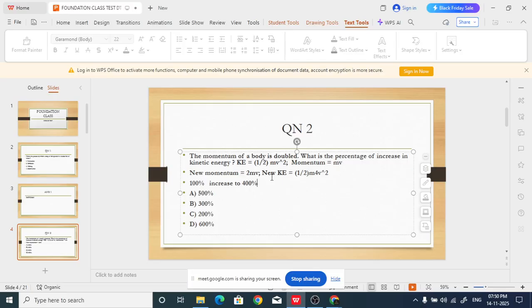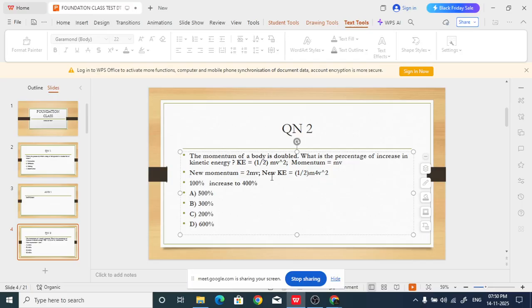Okay. What is the percentage increase? Percentage is always the increase divided by the original value into 100. So the original value is 5. 5 divided by 5 into 100 is equal to 100%.